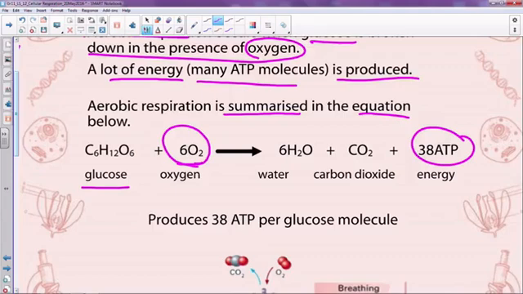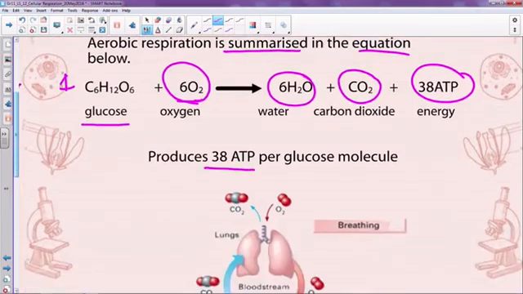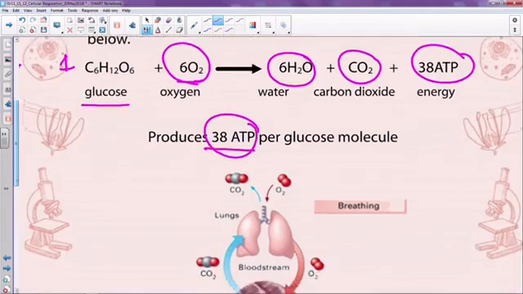That's the sum of 38 molecules of ATP from one single glucose molecule. It also produces water as a waste product, as well as carbon dioxide, which are released. So it's very important to remember that a glucose molecule produces 38 molecules of ATP, and this is what the body needs to carry out processes internally.